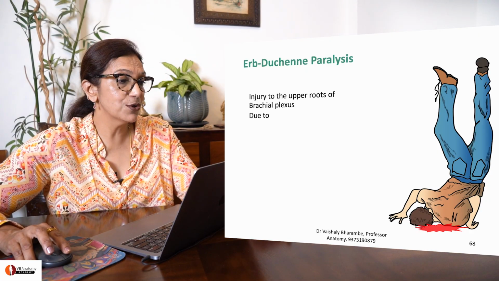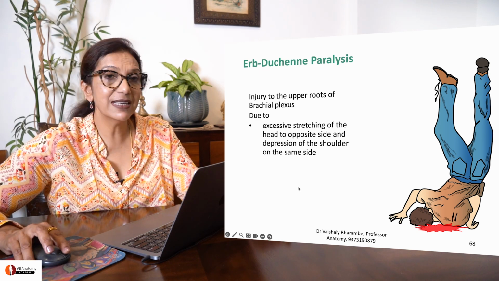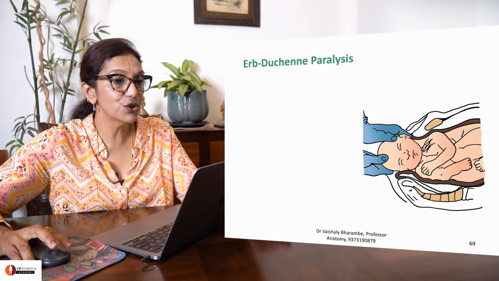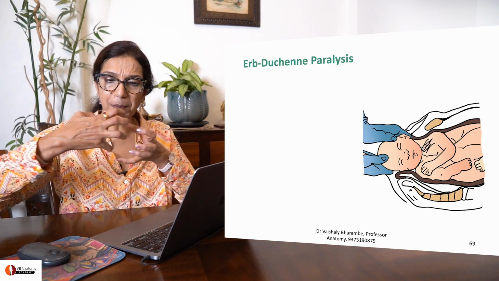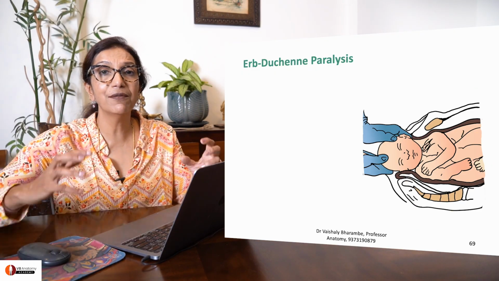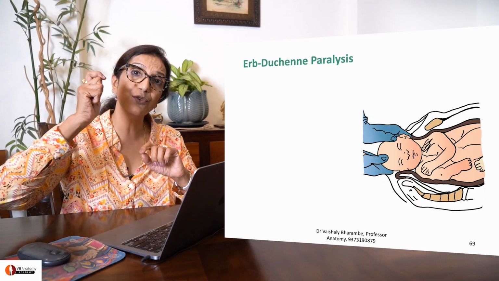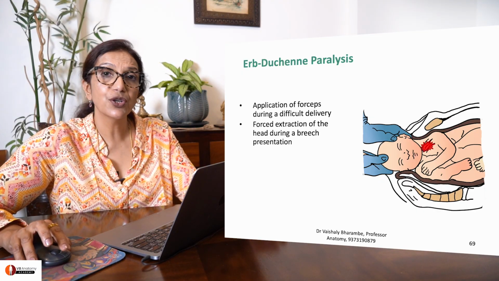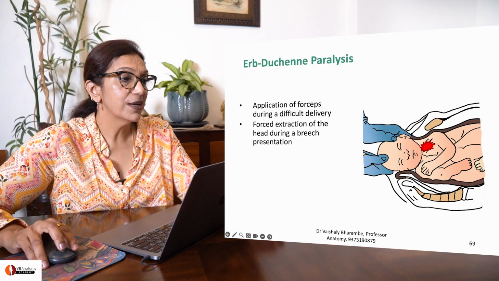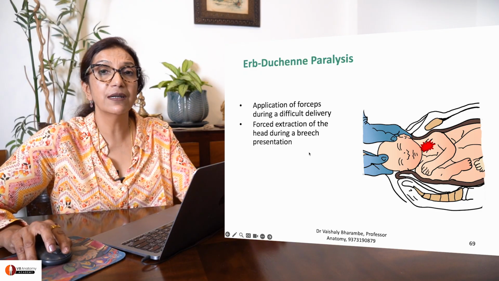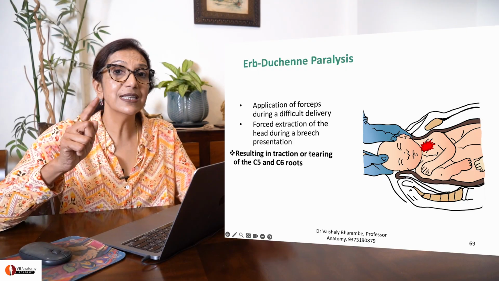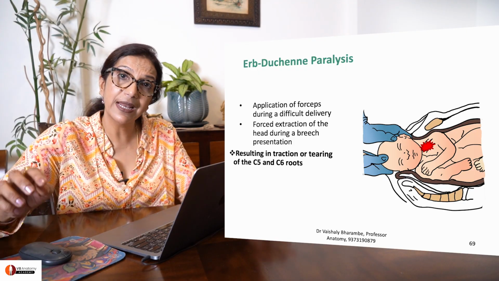Injury to the upper roots of the brachial plexus can be due to excessive stretching of the head, a fall or blow on the shoulder, or pulling the baby's head out during a difficult delivery, where you apply forceps which injure Erb's point. Okay, these are all ways in which Erb's point is damaged, resulting in a condition called Erb-Duchenne's palsy. What is damaged? C5, C6 roots are damaged.